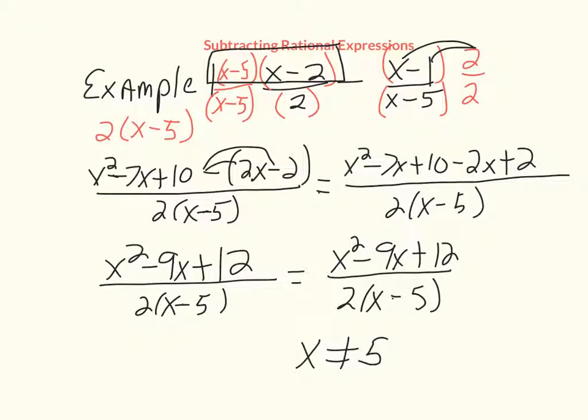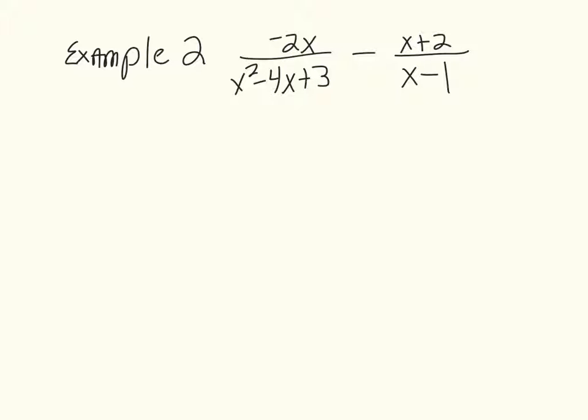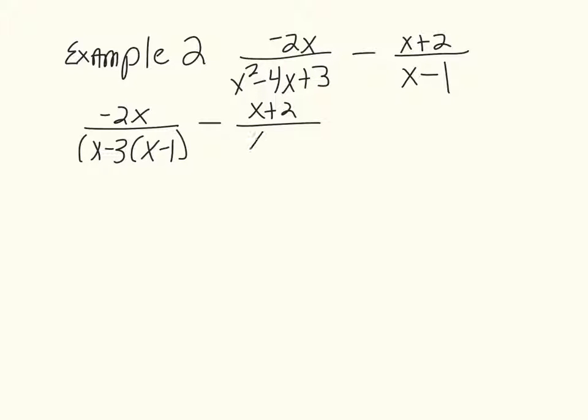For example 2, let's start out by factoring. So I have negative 2x over, this is going to be x minus 3 times x minus 1, minus x plus 2 over x minus 1.